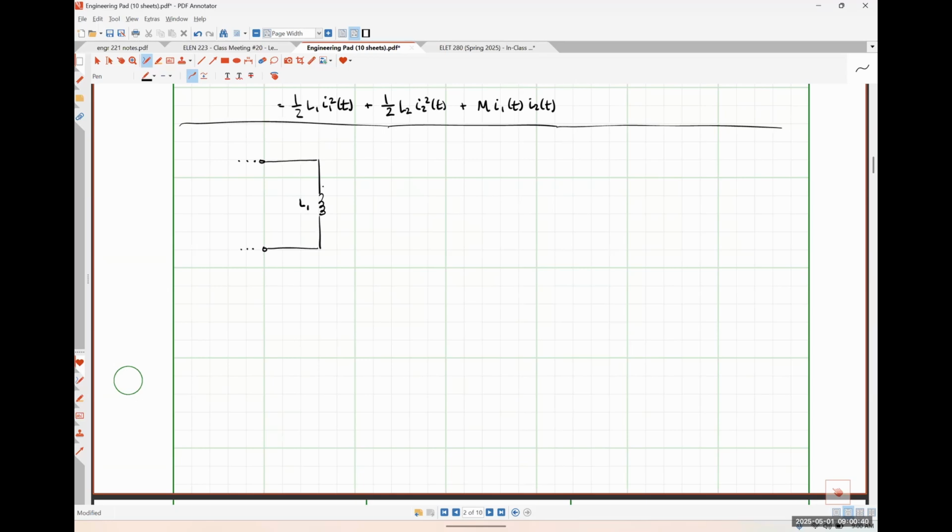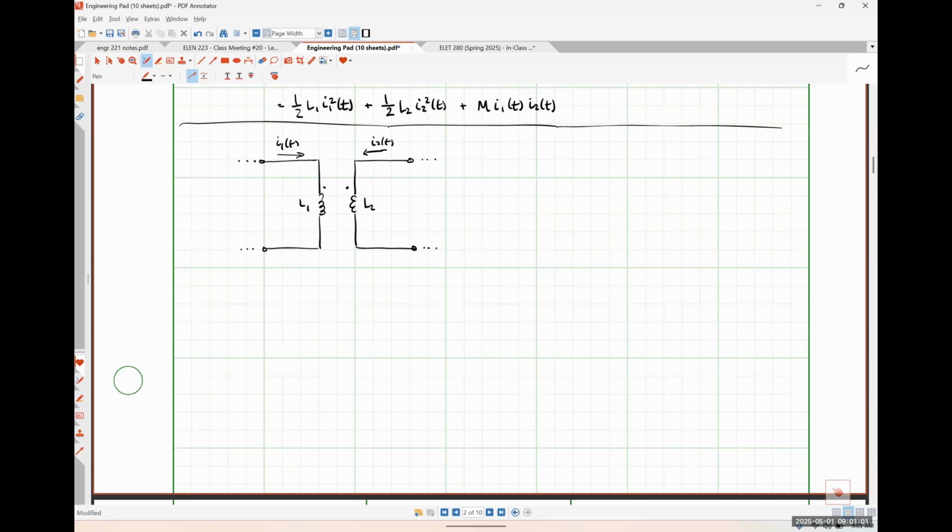So here's L1 dot, L2 dot, I1 flowing in and I2 flowing in.